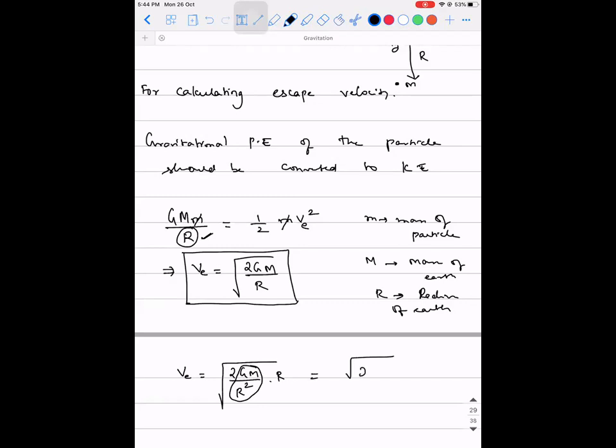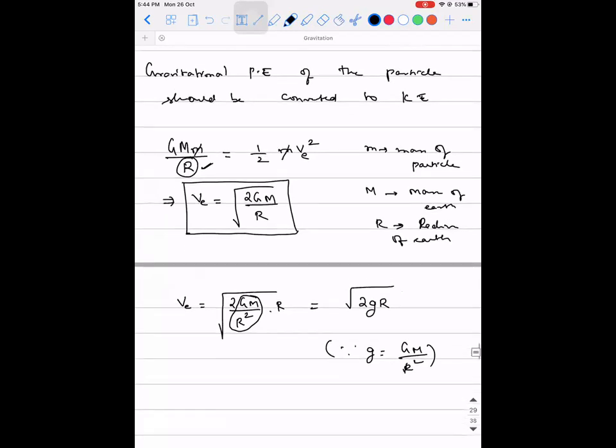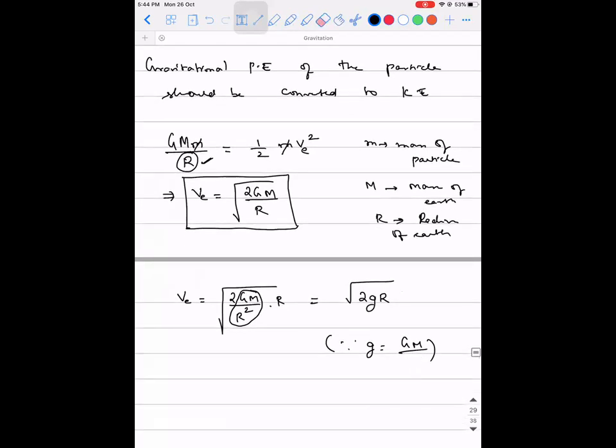It is the acceleration due to gravity on the surface of Earth, g. So VE is root of 2 g R. This is the value of escape velocity.